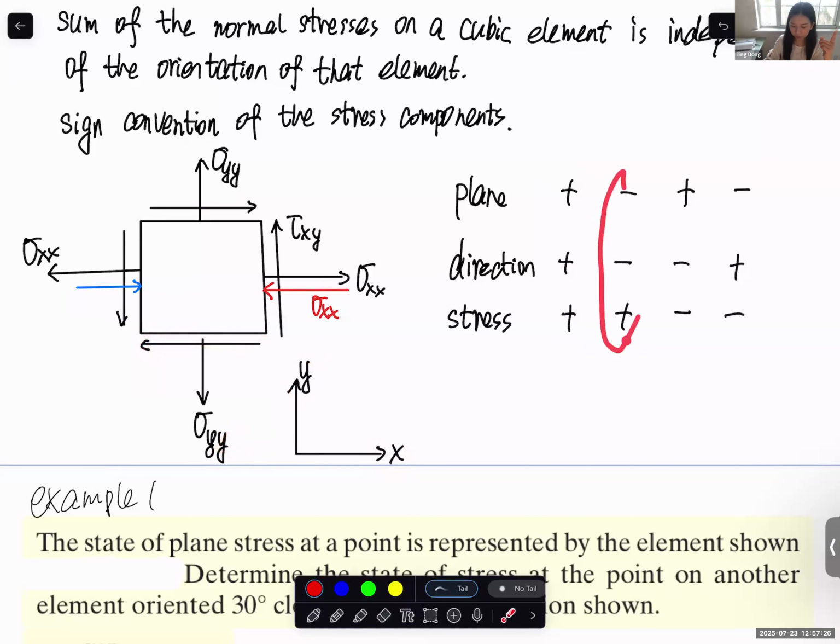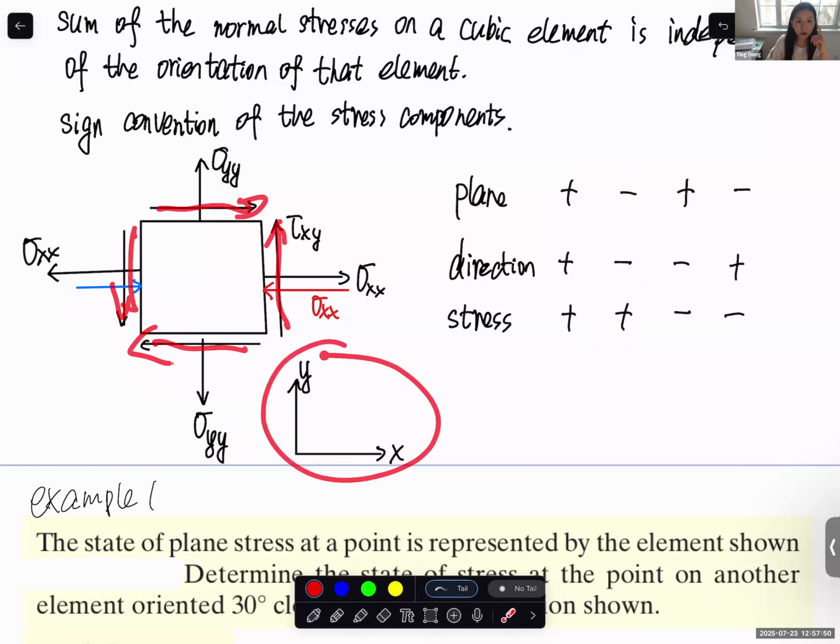So negative, negative should be positive, right? And now let's check this component. It is on the negative x plane in the negative y direction. Negative, negative, positive.